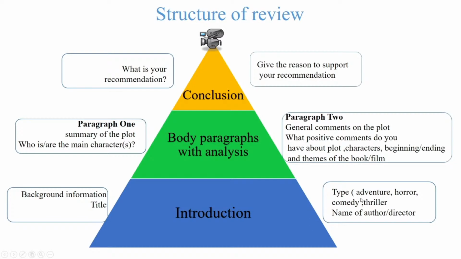You should tell about the type of book or film. Is it adventure? Is it horror, comedy? We'll be talking about that as well. And the name of the author if it is a book, or the director if it's a film. So, usually in the introduction it will be enough to write 2-3 sentences, no more.